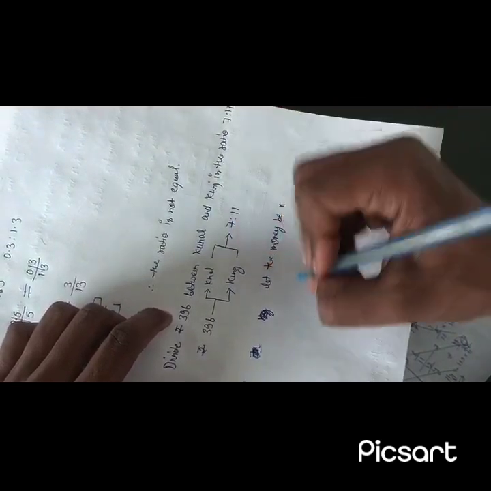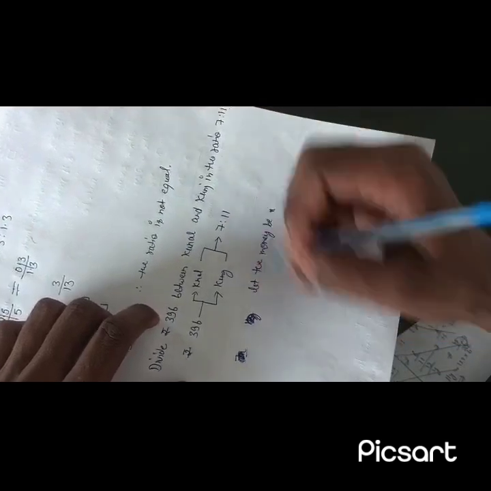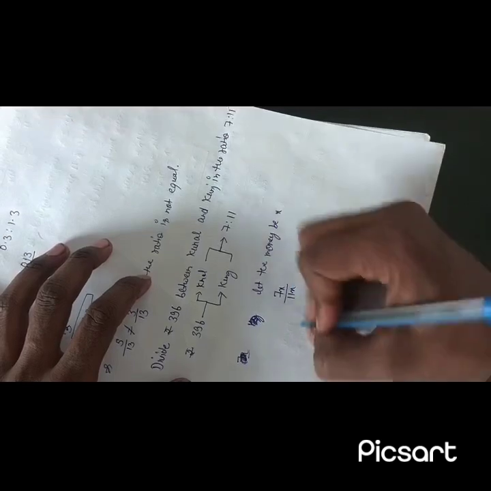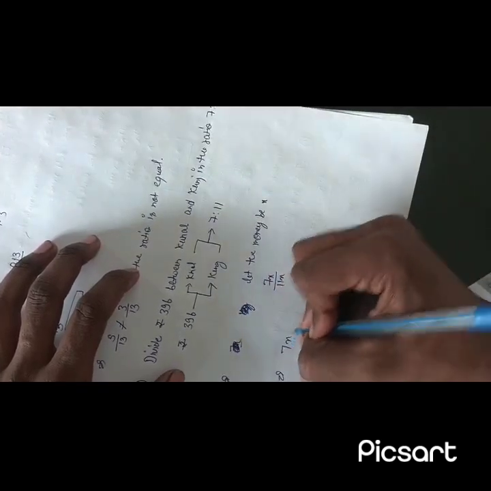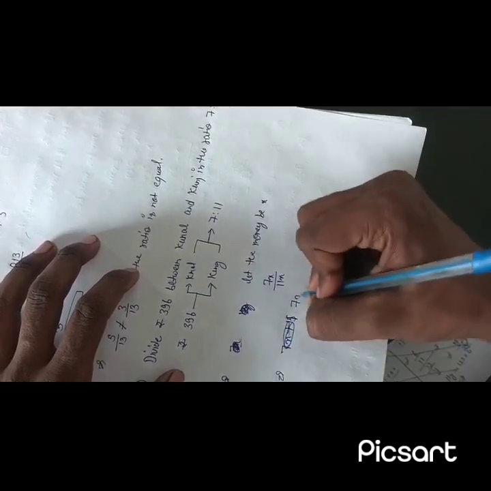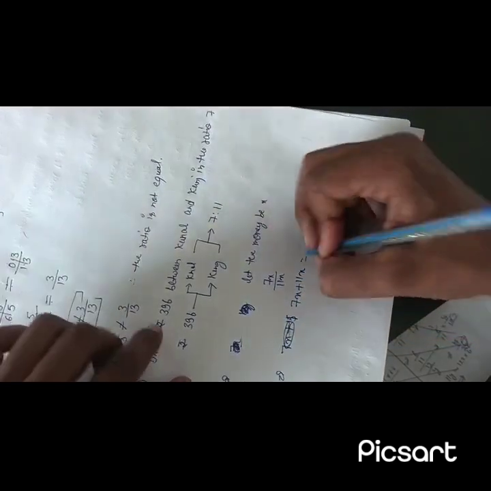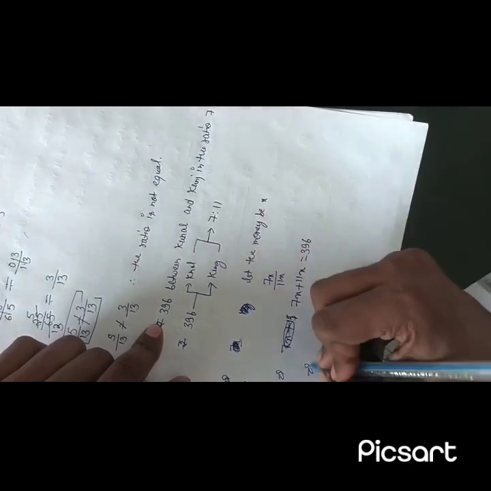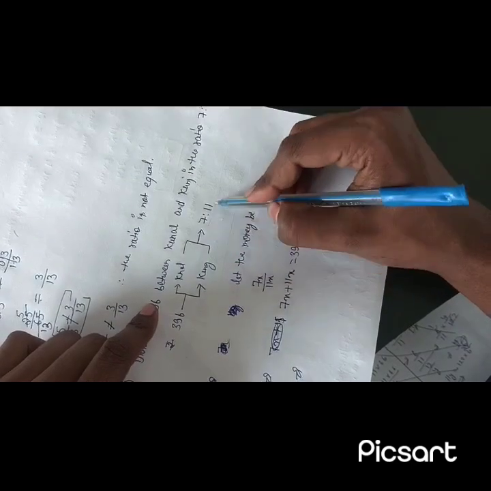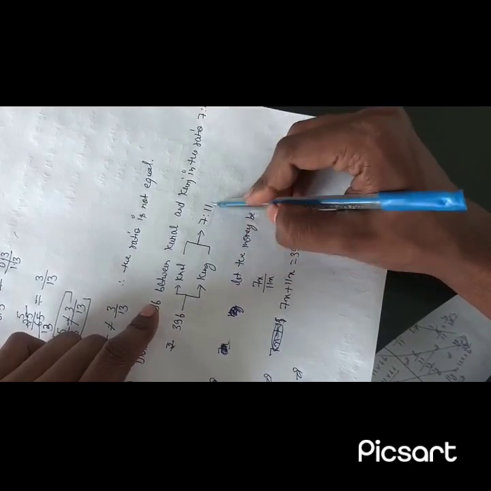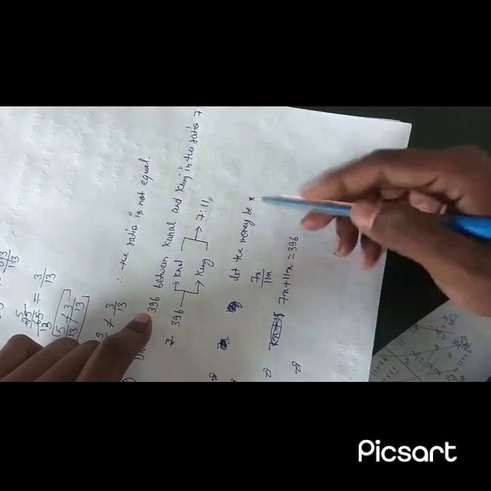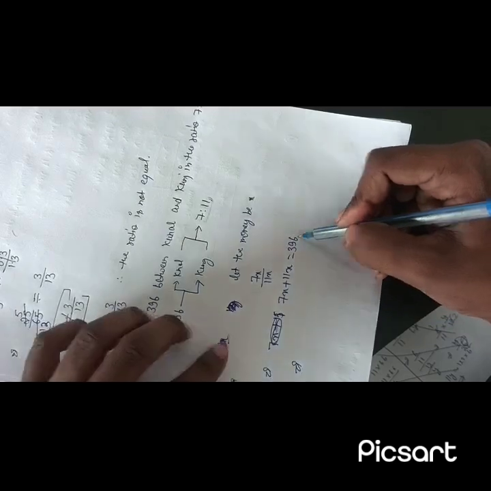If it is written 7 is to 11, it means 7x upon 11x, which is 7x plus 11x. I have told you 7x plus 11x will be equal to 396. Understand? Because the sum of their money will be equal to 396. So let the money be x, means 7x plus 11x equals 396.